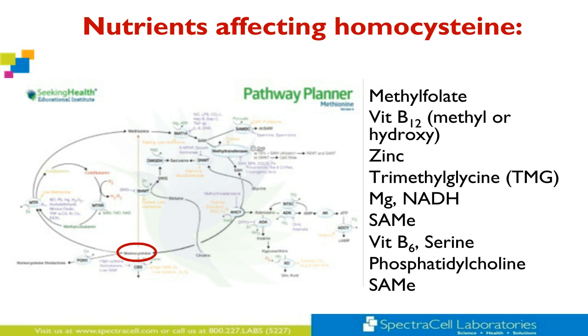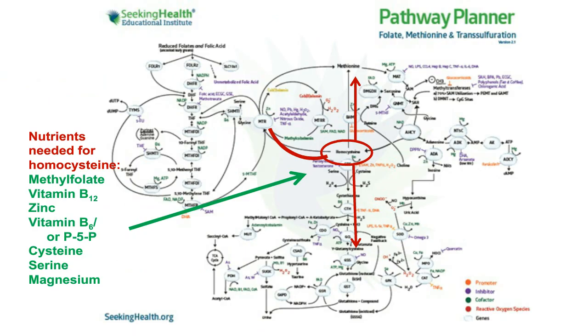I'd like to go through this as a sequential exercise, because all of the nutrients listed here on the right, methylfolate, B12, zinc, and so on, can affect our homocysteine levels, whether homocysteine is elevated or low. As you can see, the nutrients needed for homocysteine are listed in green, and we're going to break these down so that you can appreciate exactly where each of these is needed.